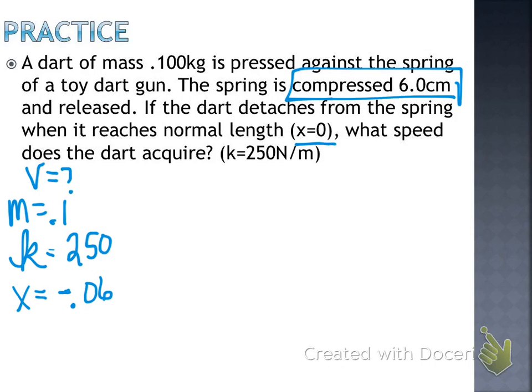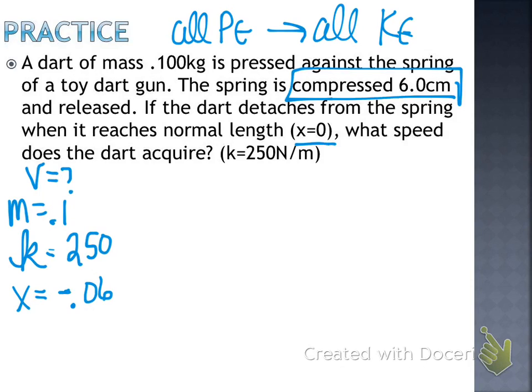Okay, that means to begin, we have all potential energy to begin with. So all potential energy at the beginning. When it's released, it's all been transformed into kinetic energy. Okay, we're not at some halfway point on the spring. We're at full compression of that 6 centimeters, and we're at complete relaxation or release of that spring. So we're going to transfer all that potential energy into all kinetic.